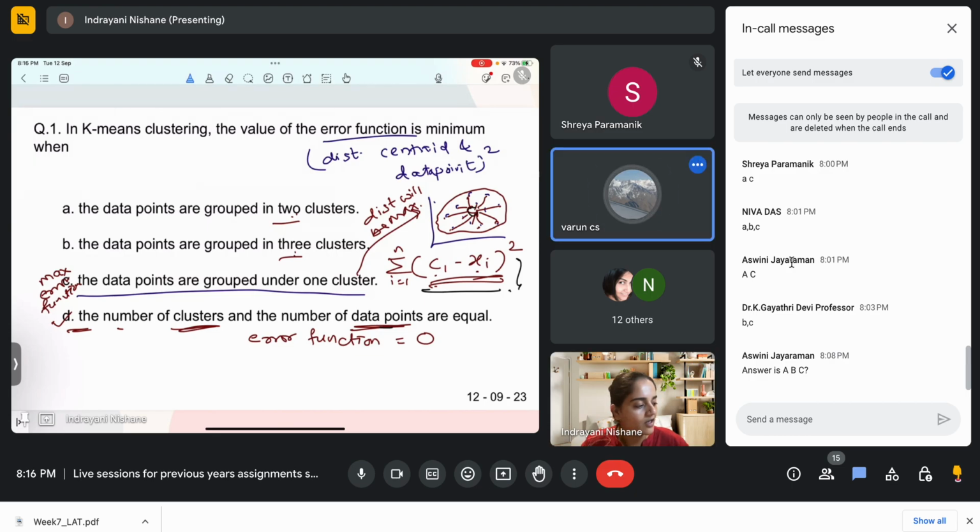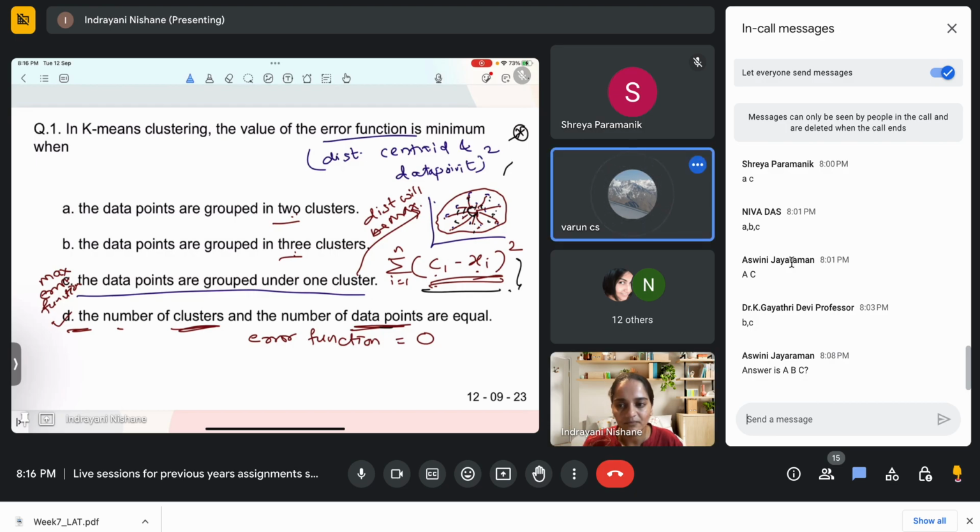If you start with some random cluster for the first iteration, it is different. But for the actual convergent centroid, the average of all the data points, the error will not be 0 under any circumstances for one cluster.